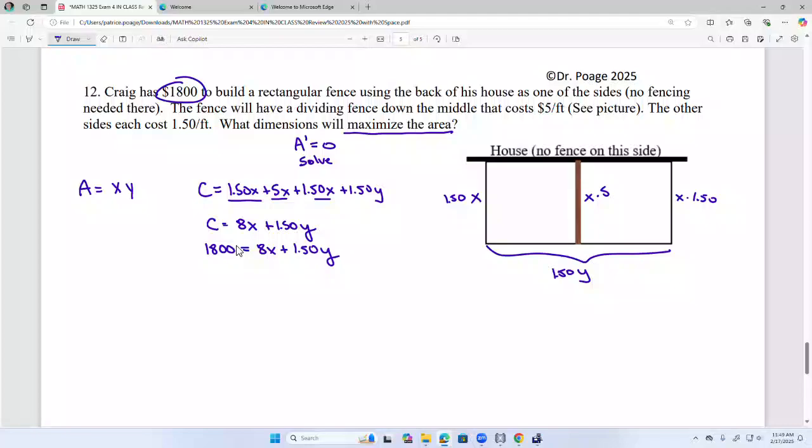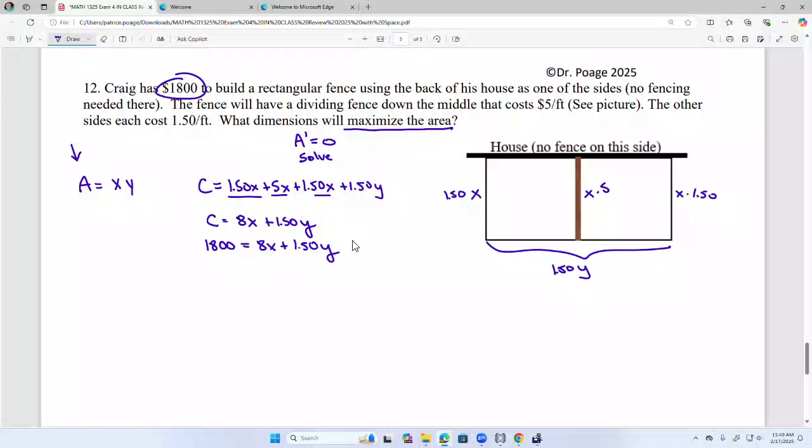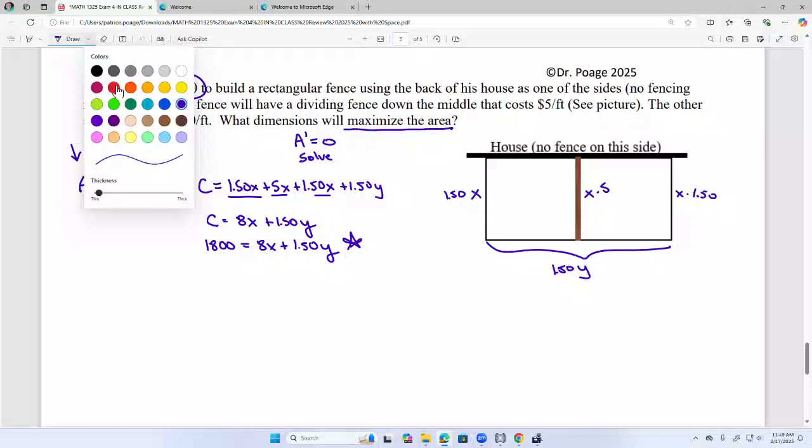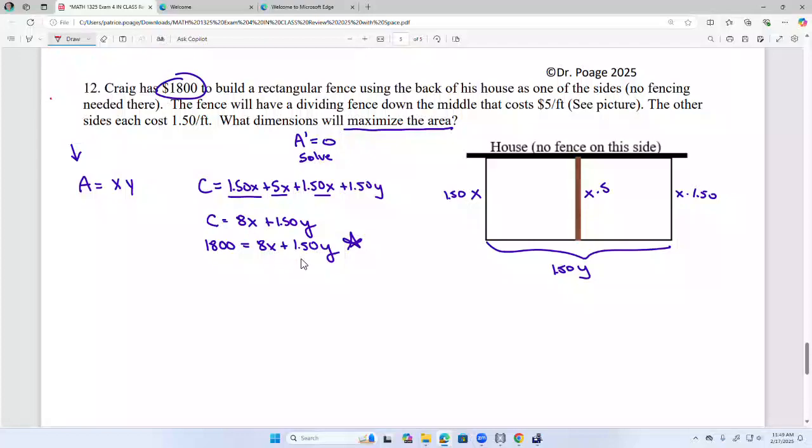So my goal is to take the derivative of this area equation, set it equal to 0, and solve. That means I'm going to use this equation twice. The first time is right now: I'm going to solve for either x or y, and I'm going to solve for y.